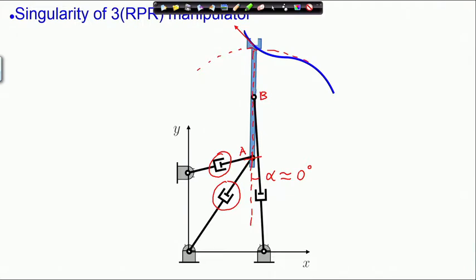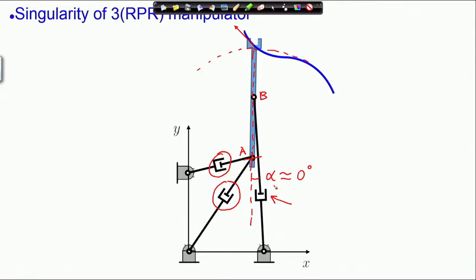Now, this end effector link can only rotate about point A. Now, who prevents the rotation? This actuator, this set of links, this should be able to constrain the output link, so that it cannot rotate.